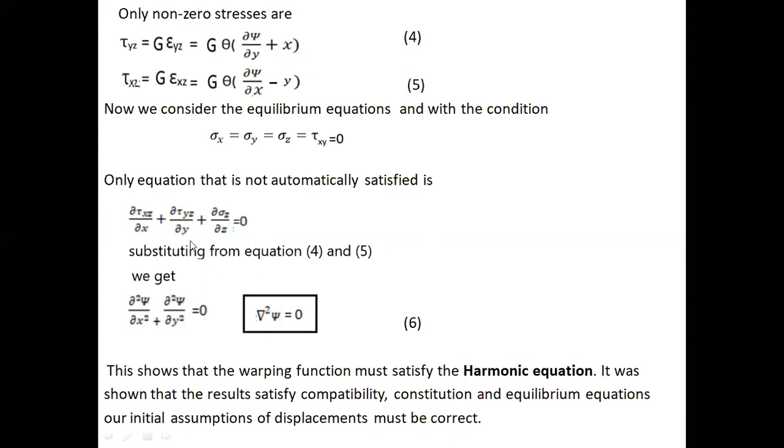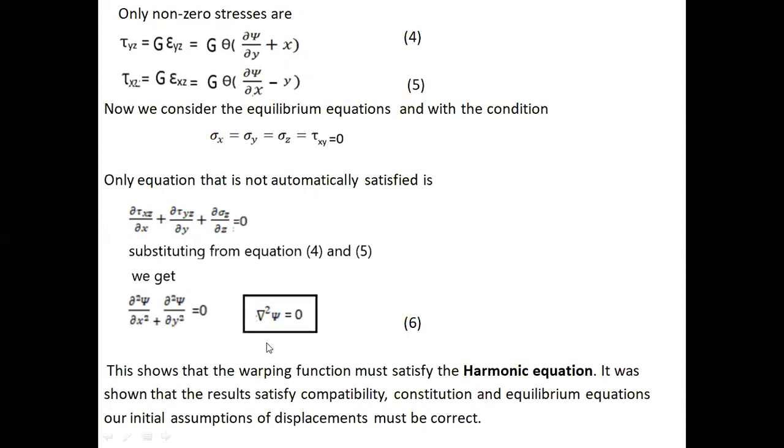Now, if you substitute tau xz and tau yz from equations 4 and 5, you will find that we get an expression of del square psi by del x square plus del square psi by del y square is equal to 0. This simply means that the Laplacian of psi is equal to 0.